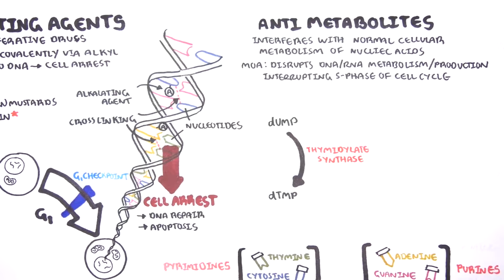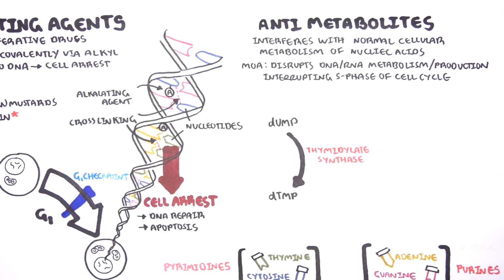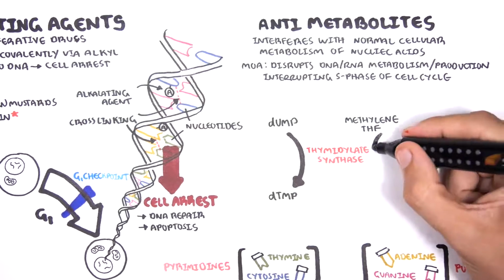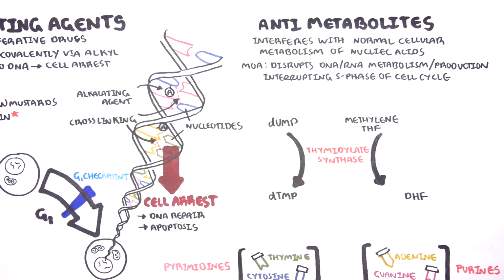For dUMP to convert to dTMP requires a concurrent reaction, which thymidylate synthase also carries out. This is the conversion between methylene tetrahydrofolate and dihydrofolate. So thymidylate synthase catalyzes methylene tetrahydrofolate and dUMP to form dihydrofolate and dTMP.